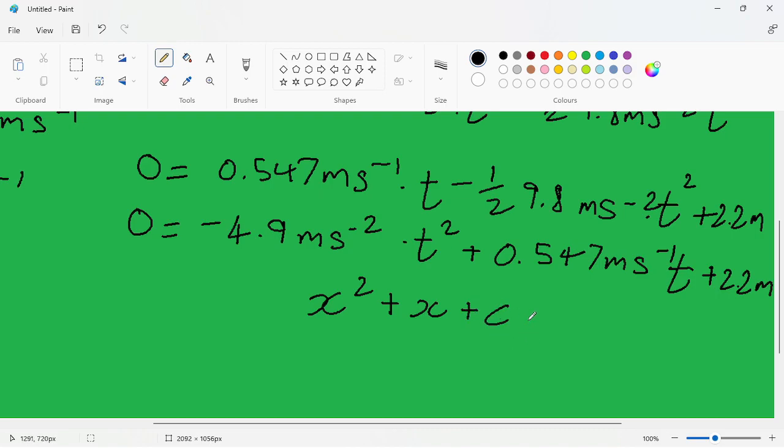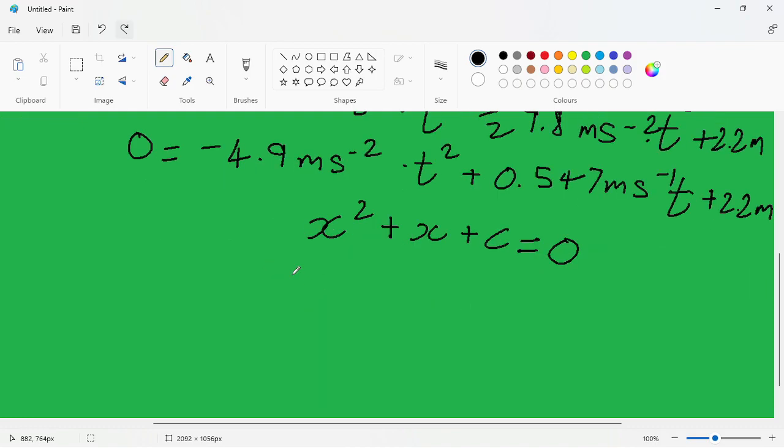And then here we have c is equivalent to 0. So as you can see, this is in the form of a quadratic equation. You can write a, b, and c. So x squared is times squared, which means the 4.9 meters per second squared is a.